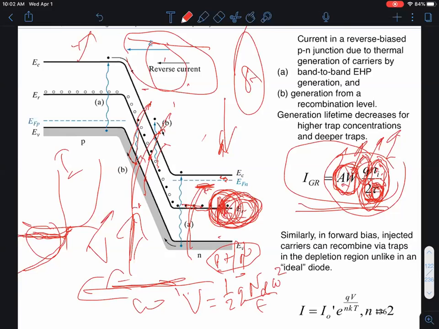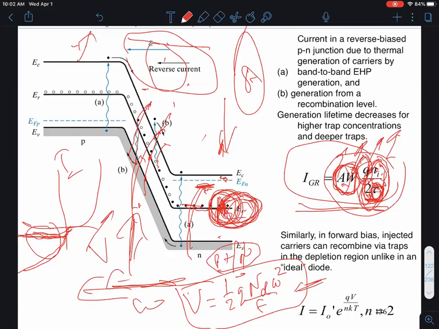Now that's the expression that you might want to memorize, because I'll be using that sort of expression again and again, not only for PN junctions, but later on for MOSFETs and MOS capacitors also. Of course, MOSFETs are not PN junctions, but there, when you look at the depletion region in a MOSFET, we'll be solving the Poisson equation also.